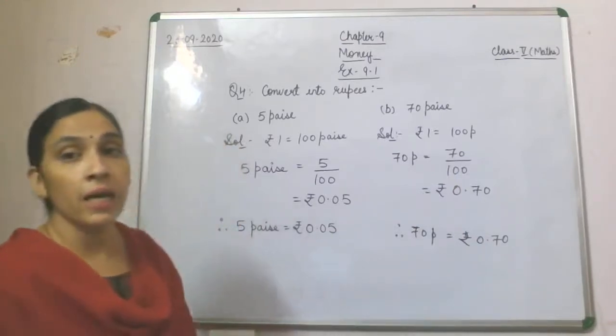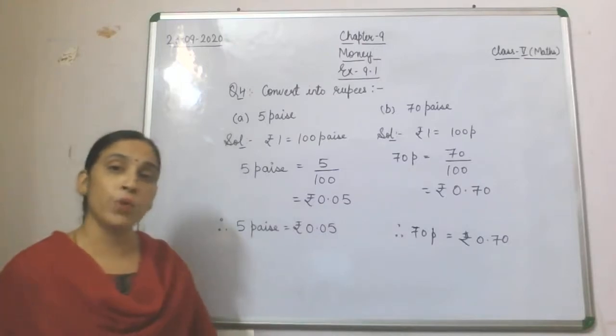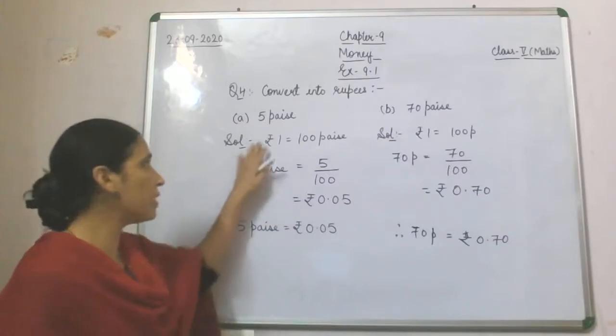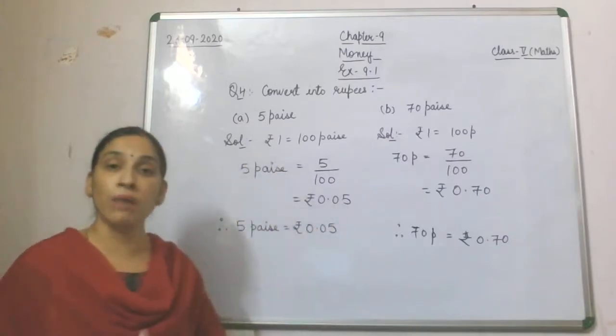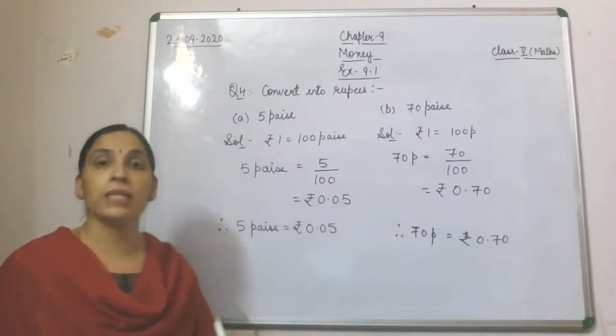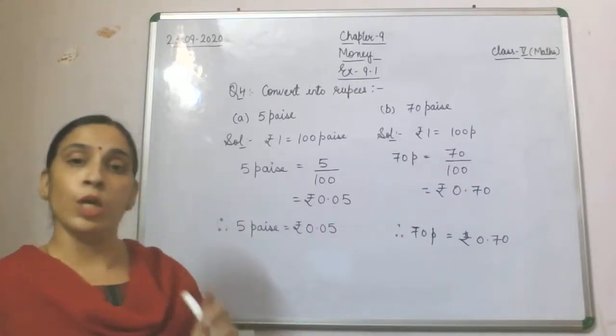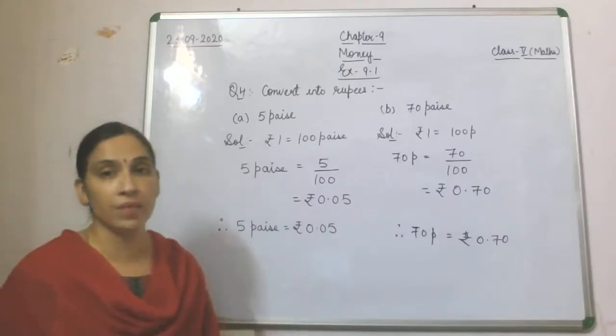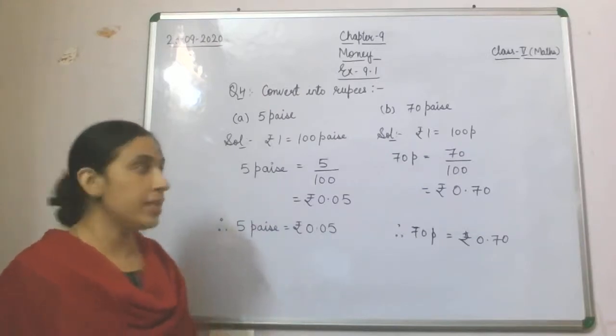Now what happens if you have a bigger number of paise? For example, you have 1 digit, then 2 digits. If you have 3 or 4 digits, then what will happen? Then you will get an answer in which you have some amount in rupee and some amount in paise also.